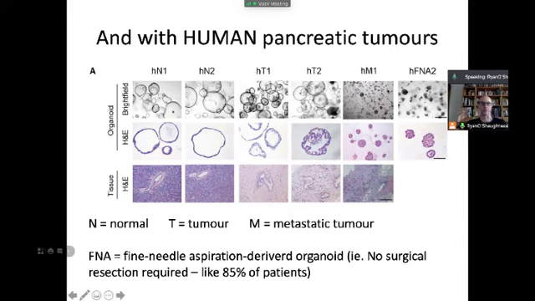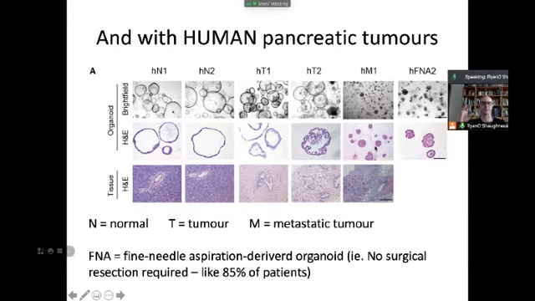In our tumours, we can even get cells from what are called fine needle aspirations, where you put a needle into the tumour and aspirate, that is, push the plunger up and down several times. Those cells are sufficient to form an organoid. So here we have 4 different organoids made from different tumours. We can see here that the lumen gets shrunk and there are cells residing within the lumen.